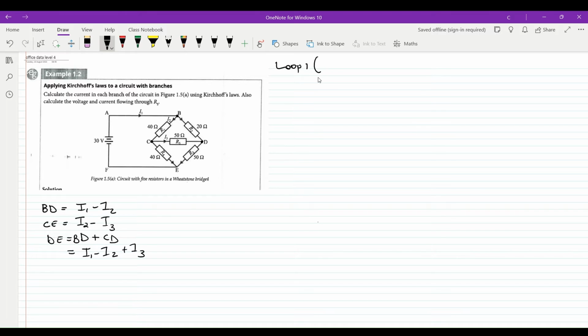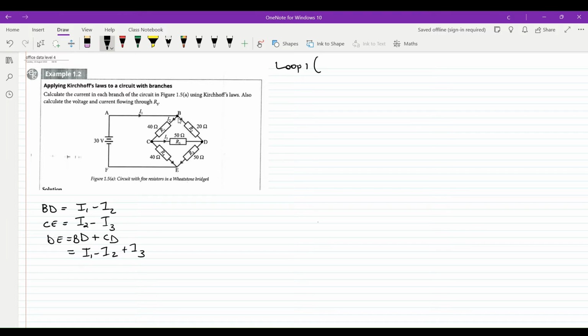What's important is for you to understand what a loop is. If we look at a journey that starts at point A, going around a certain town and coming back to the very same point where you started, we call that a loop. In this case, we are going to take the loops as prescribed in the book. But try taking different loops to see if you arrive at the same answer.